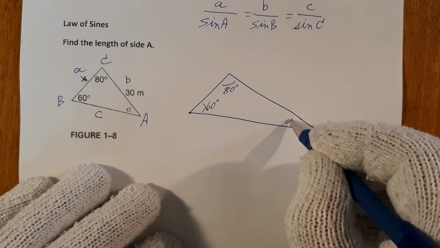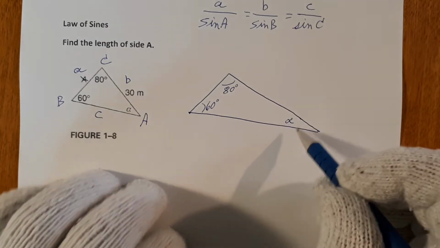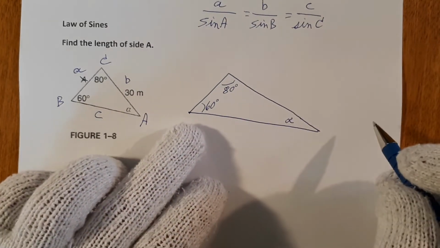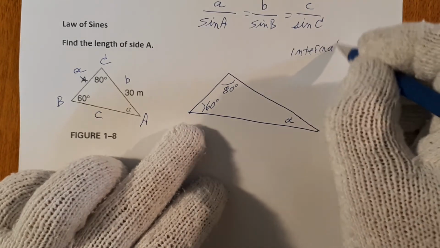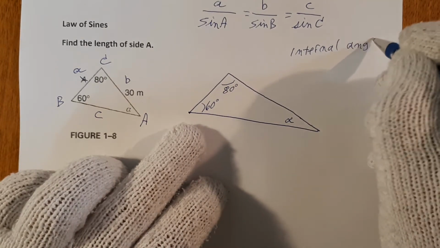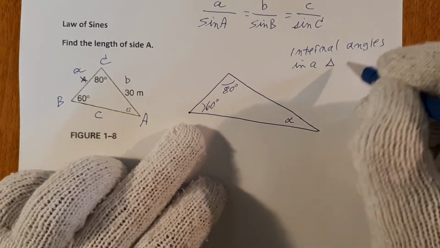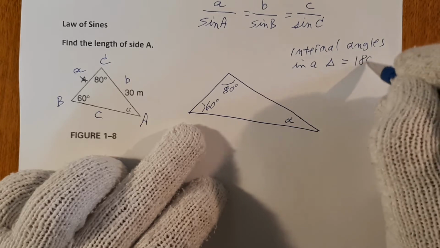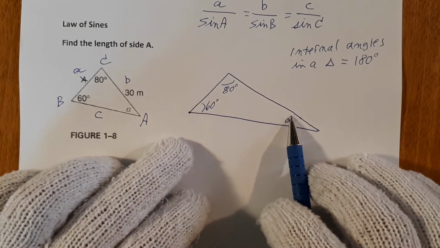Well, we can calculate alpha. Internal angles of a triangle, any triangle, must equal 180 degrees. So these three must equal 180 degrees.